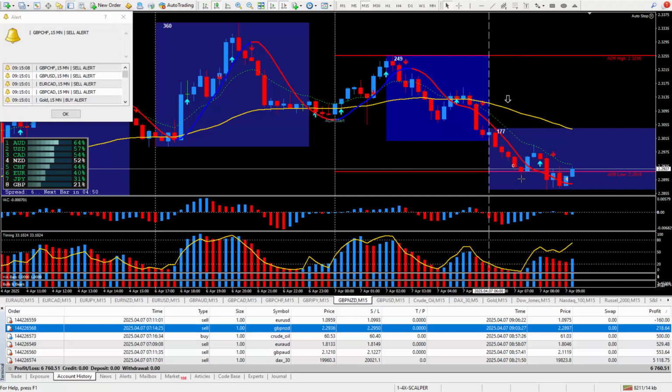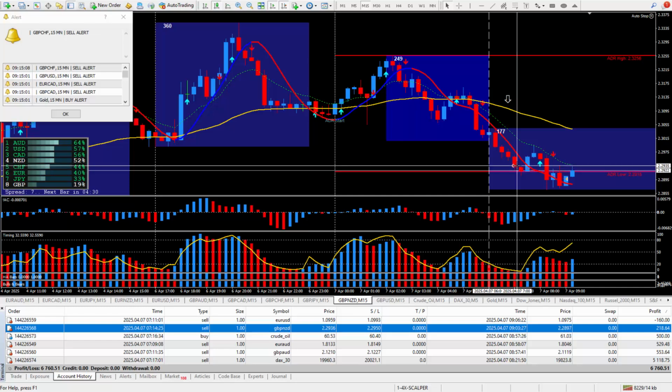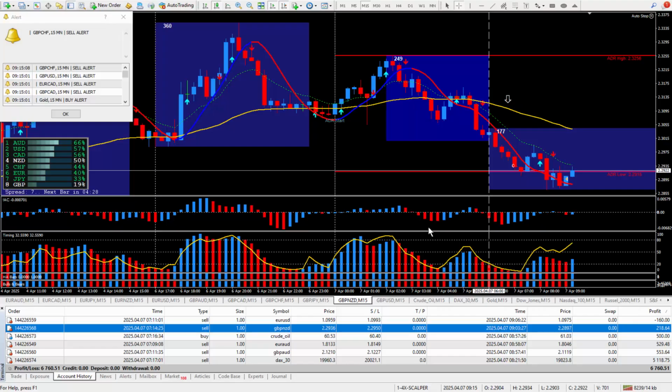Now, I'm not looking for a lot of pips or ticks on each trade, but I can easily get 200, or especially on the DAX 30, I can get a lot more. So on this trade right here, I took the trade here and I closed it out here, just being happy. Looks like 38 pips, and that paid out $218.